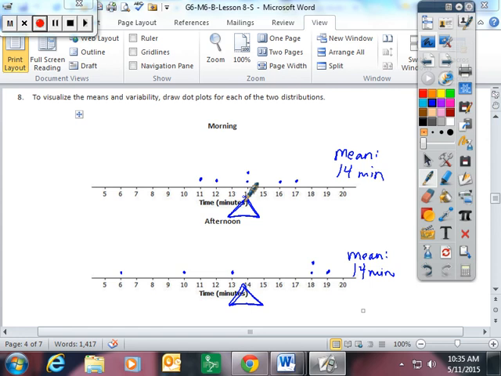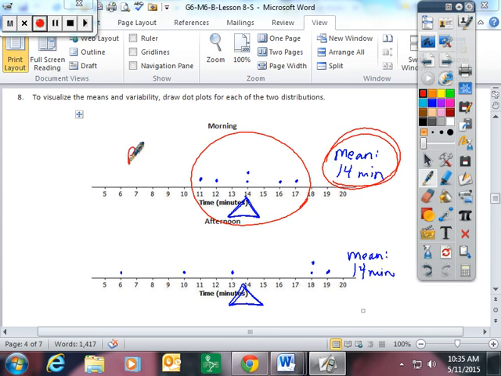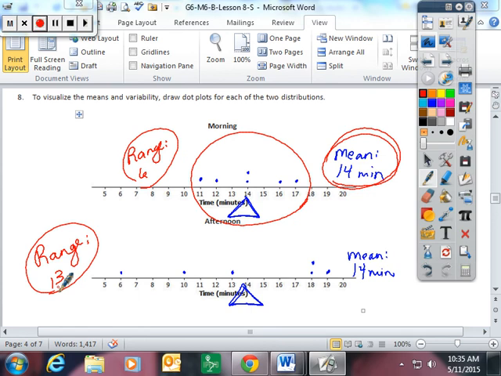And hopefully the students learned today that a mean of 14 is a lot better for the morning, because there's a 6-minute range of times in the morning bus ride, but the afternoon bus ride varies a lot more. It has a range of 13 minutes from maximum to minimum number.